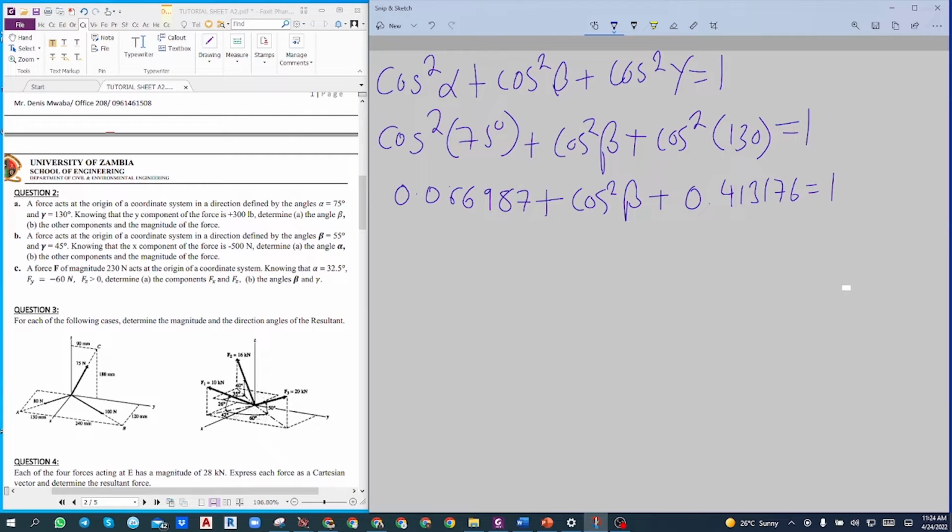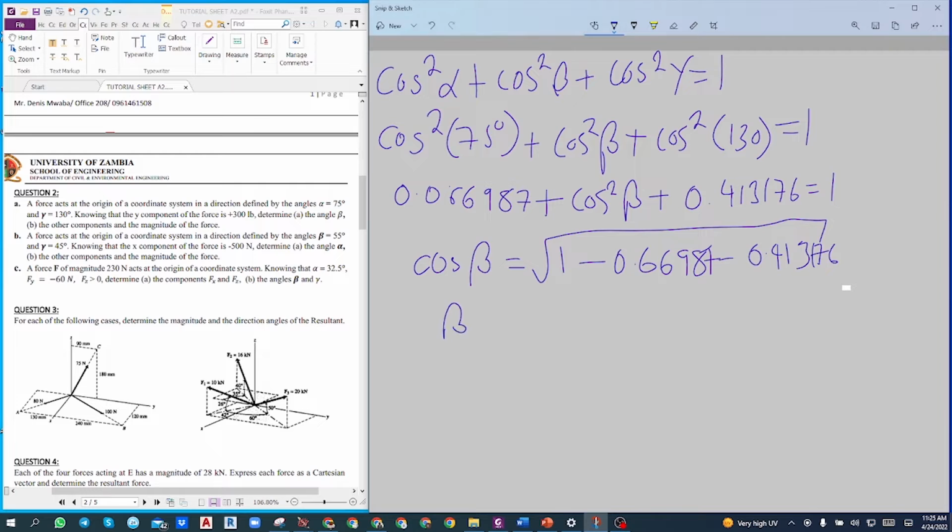So I'm saying cos beta now is equal to the square root of 1 minus 0.066987 minus 0.413176. And beta is equal to the cos inverse of that.